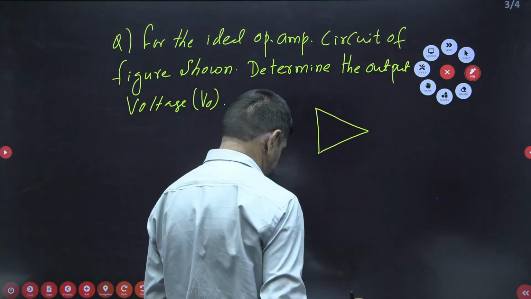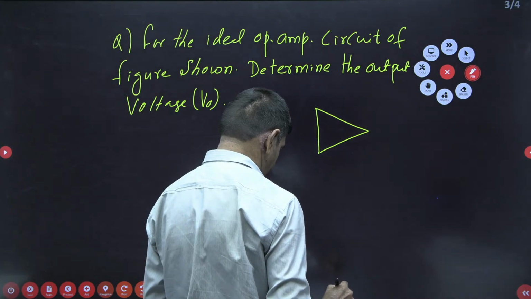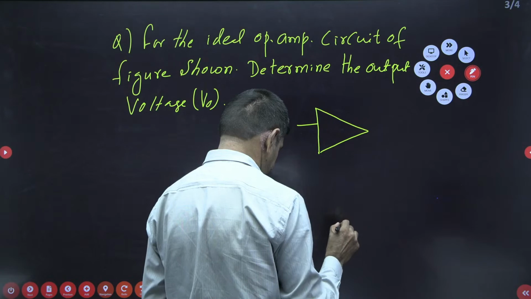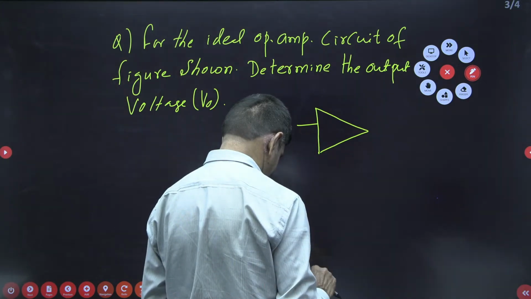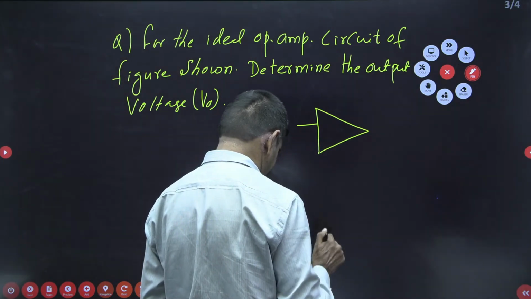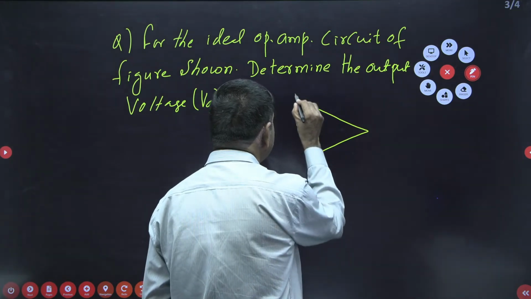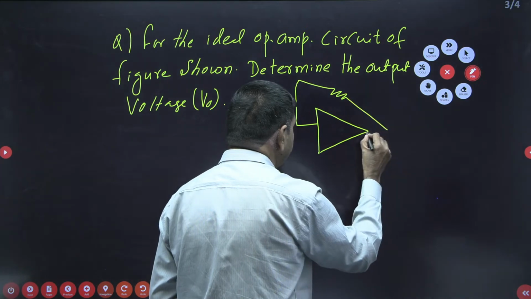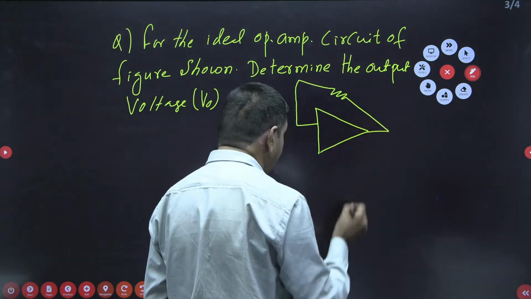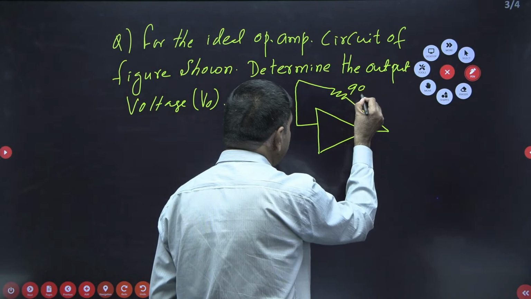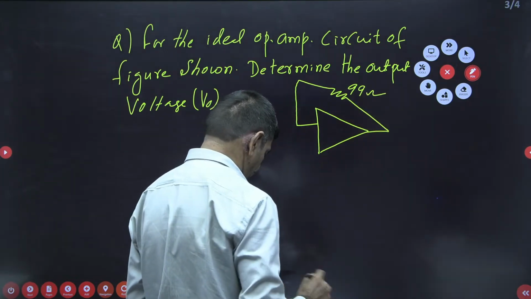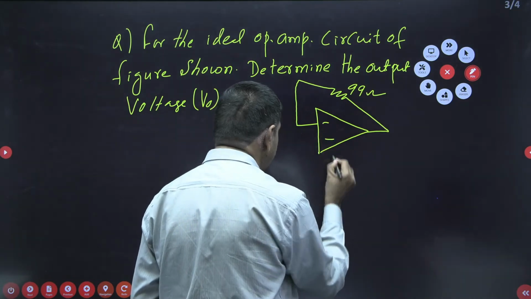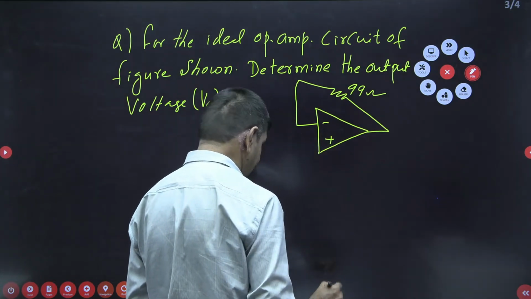There is an op-amp here. This is connected to 99 ohms. This is the negative terminal, this is the positive terminal, you know very well.